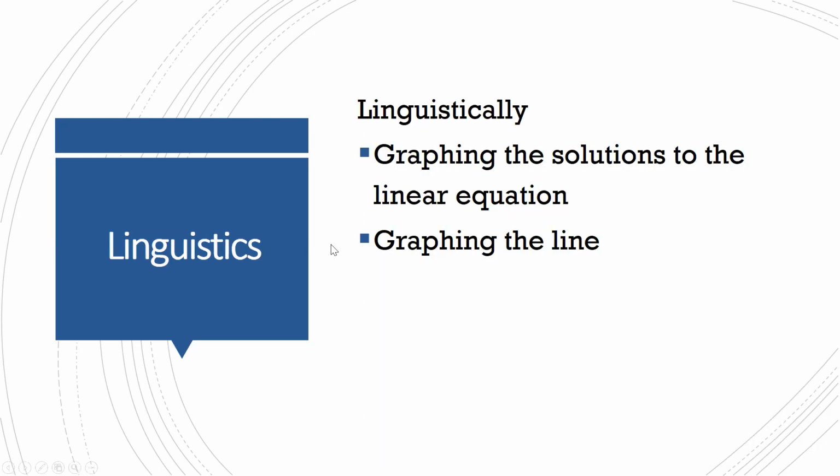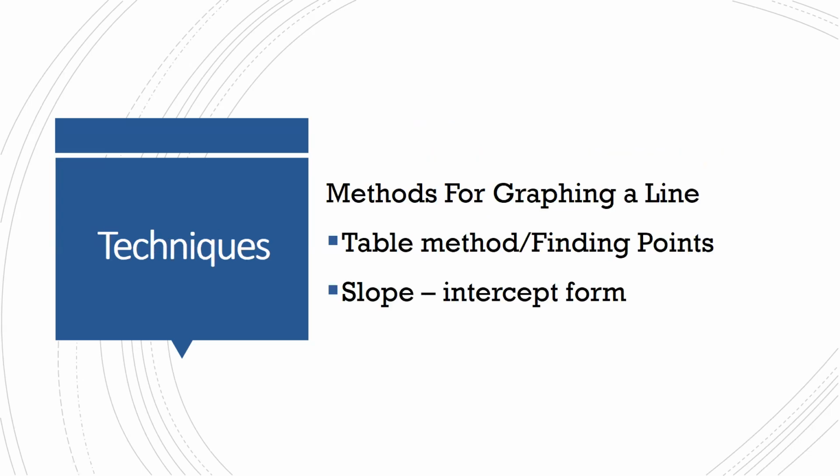So we kind of loosely use those terms interchangeably, graphing the line or graphing the solutions to the equation. Now, in the next couple of videos, we'll take a look at a couple of different methods for how to graph the line. I've kind of hinted at the first method already. That first method is called the table method or the finding points method. The second method we'll use is the slope intercept form method for finding and graphing the line.